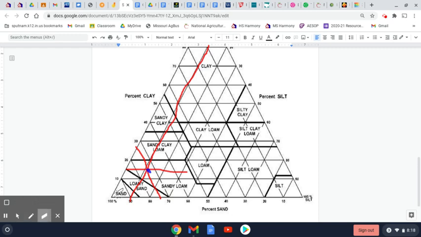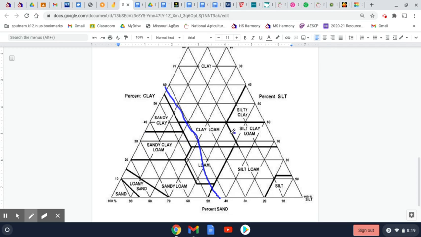So how that would work, let me erase this, with missing one percentage. At 42% sand, and remember we work at a diagonal, you are going to work, not quite a straight line, but you are going to work up the 42% sand.